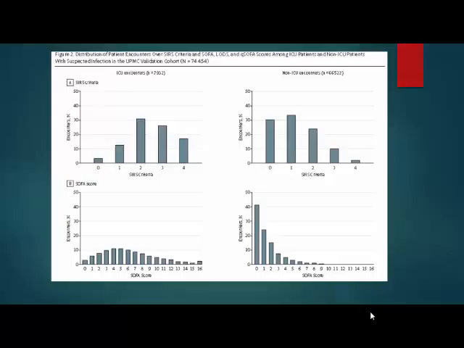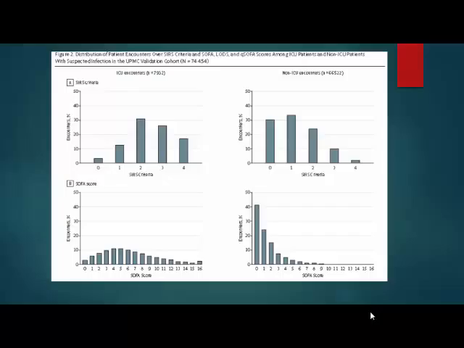Along the y-axis, we have the percentage of encounters. Along the x-axis, we have how many criteria were present in each patient. The right side of the screen, right side for you guys, will be ICU encounters. The left side of the screen will be non-ICU encounters.